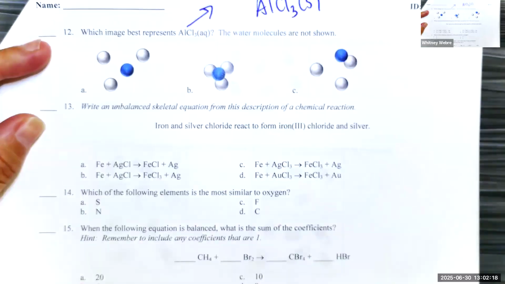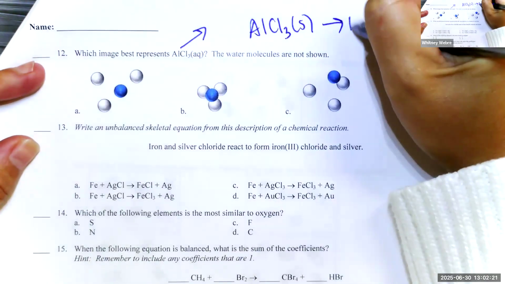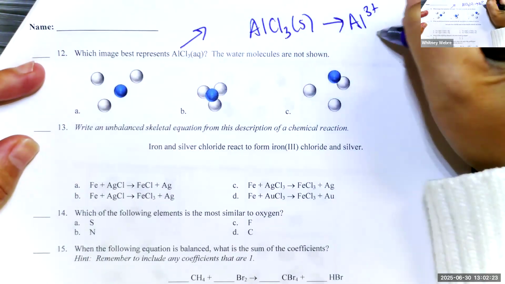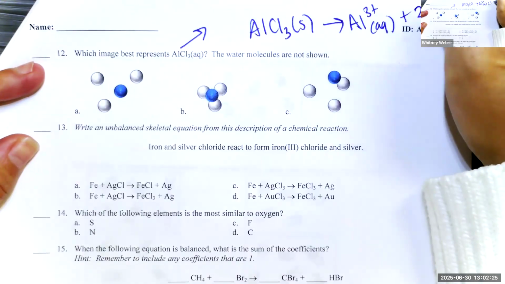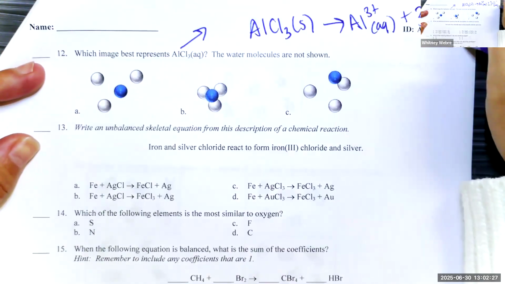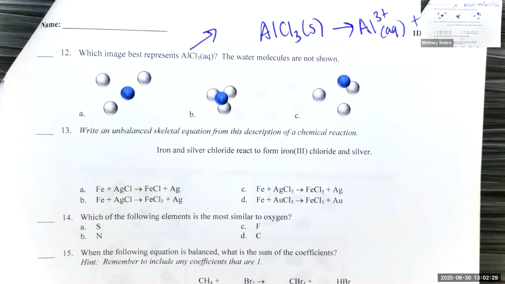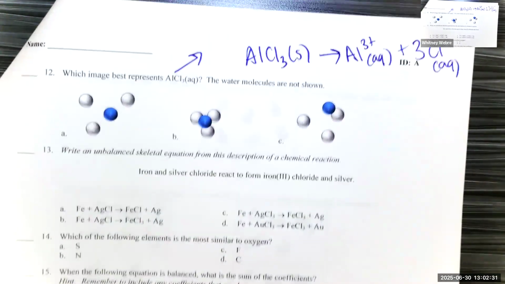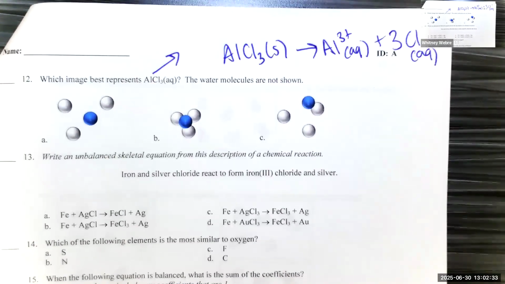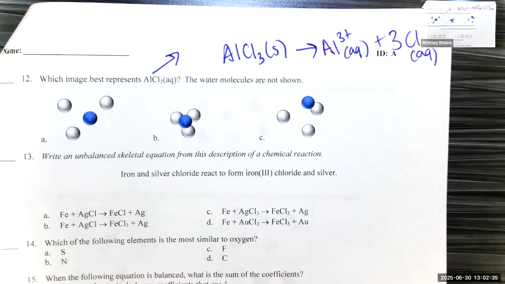AlCl3, let's say it's a solid. When it hits water, it breaks up into Al3 plus and 3 Cl minus. That's what's going to happen when it hits water. It's an electrolyte. It has the positives and the negatives. Out of these answer options, which one shows that?